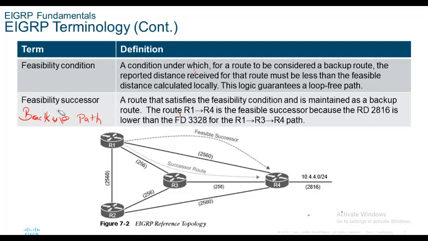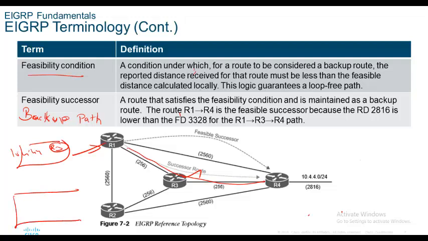For that, the backup path should be qualified, should meet the feasibility condition. The condition is this: the advertised distance or the reported distance received must be less than the feasible distance calculated locally. Please understand.